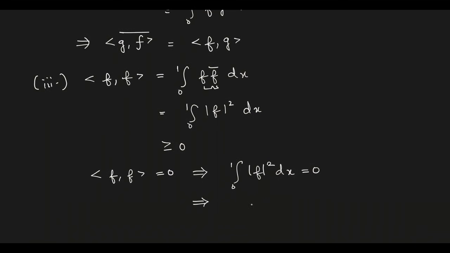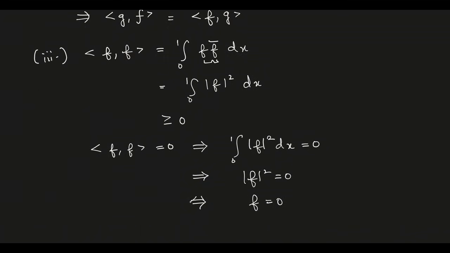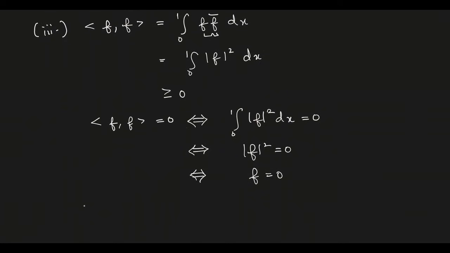So this will imply that mod f square is 0. This implies f is 0. This is an if and only if result. Third property is also verified. Therefore, V with the inner product of f comma g is an inner product space.